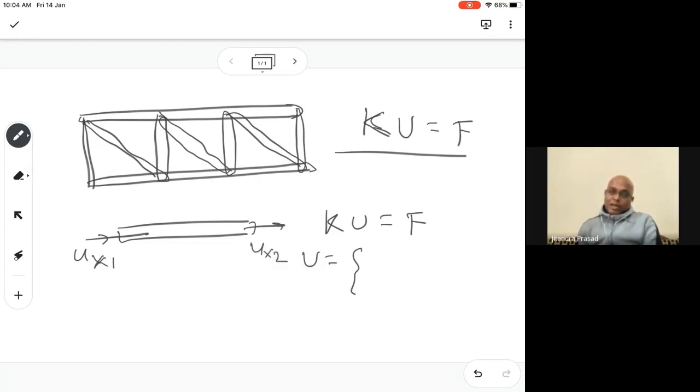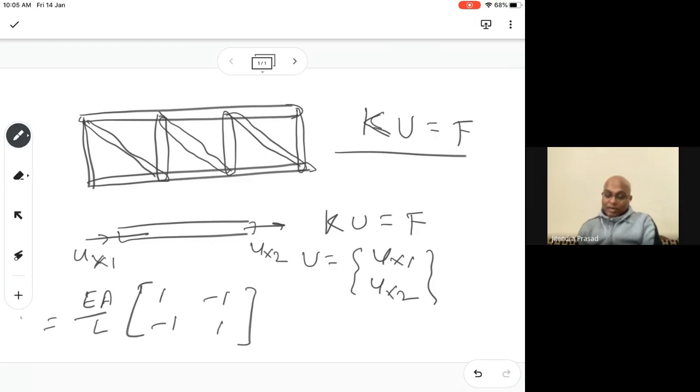Okay, so you have Ux1 and Ux2 as U. And then K, depending on the material properties, area and length, is 1, minus 1, minus 1, 1. And that is our K. And F, corresponding to that, will be Fx1 and Fx2.